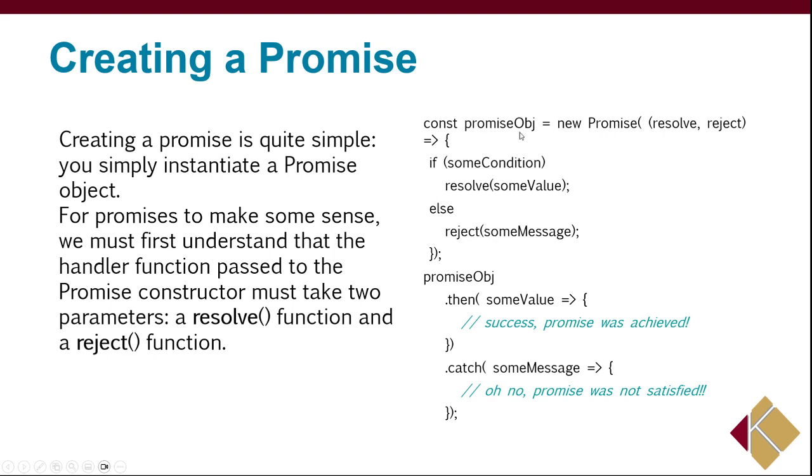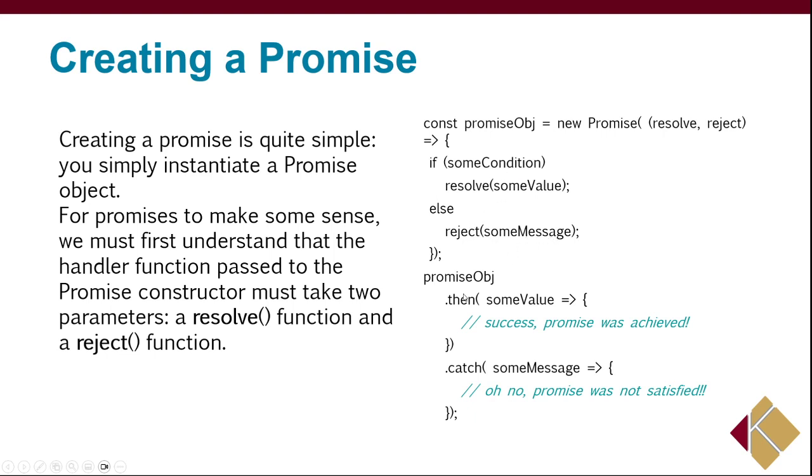So a promise object is an object that has a resolve and a reject that's passed through it. And then within that promise object, if some condition is met, then the resolve does a thing. Otherwise, the reject does a thing.